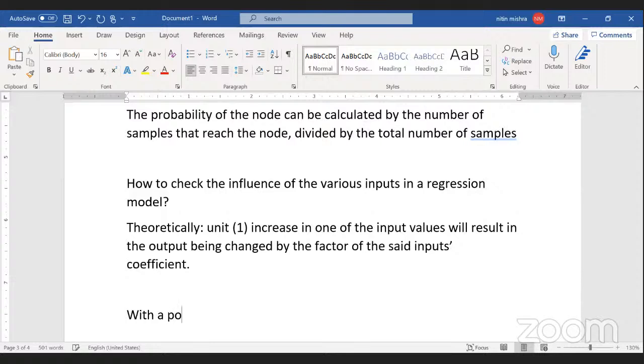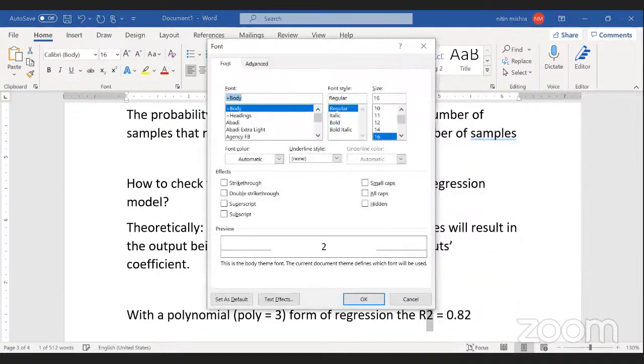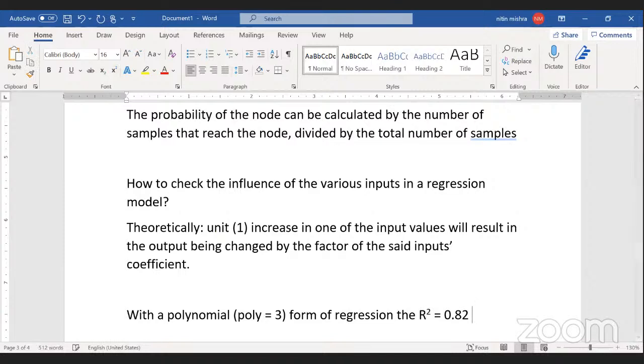With a polynomial form regression, the R square value was 0.82.